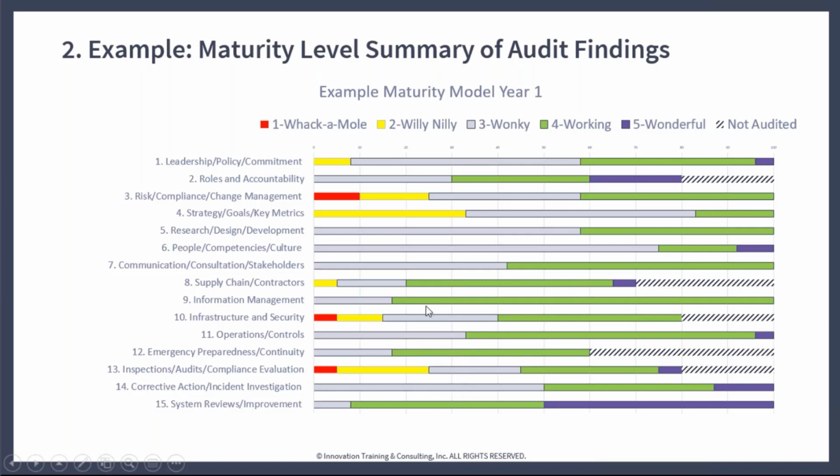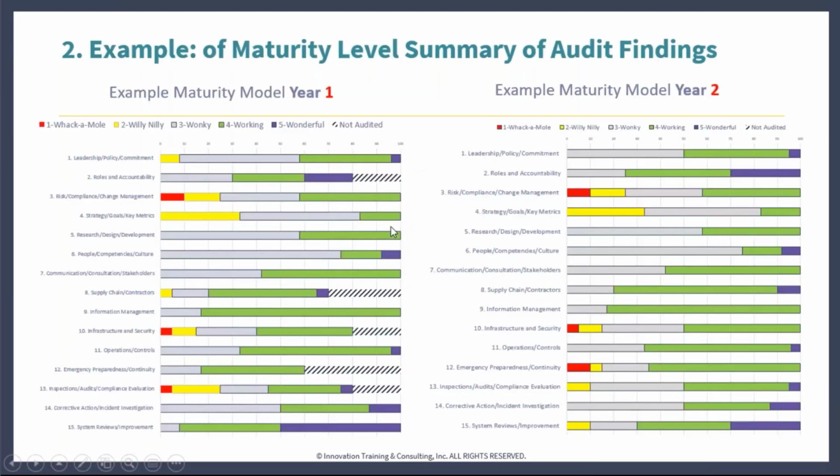So the other really nice thing about this, and again, go back to human beings that appreciate being valued, is that we can show year 1 and year 2. In year 2, you can see that we have no more striped areas, meaning that we audited all the requirements and we've gotten away from any mystery areas.